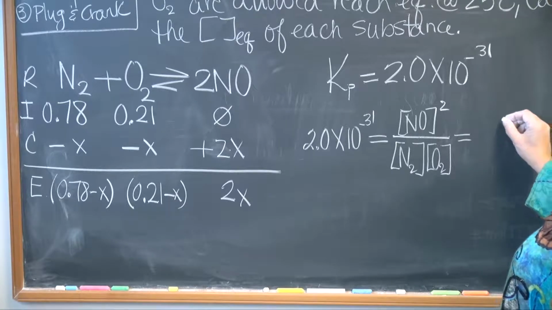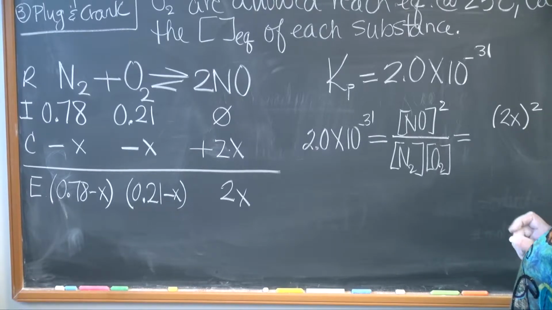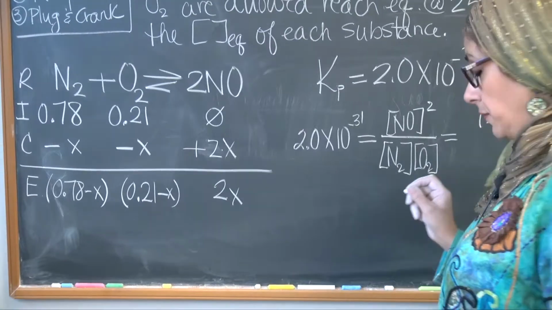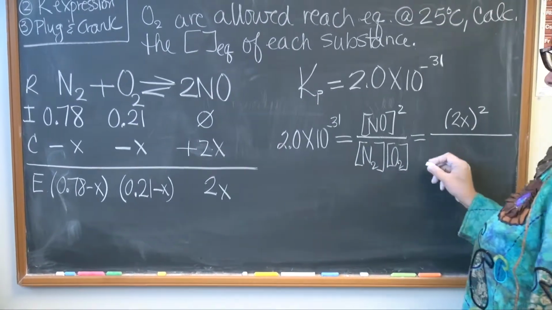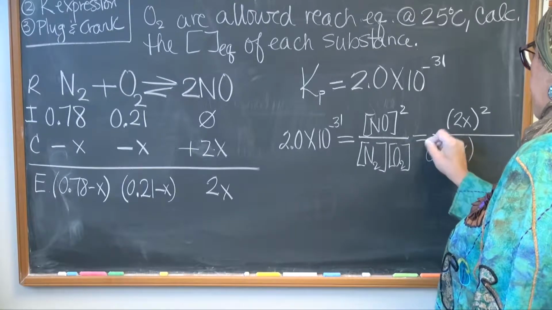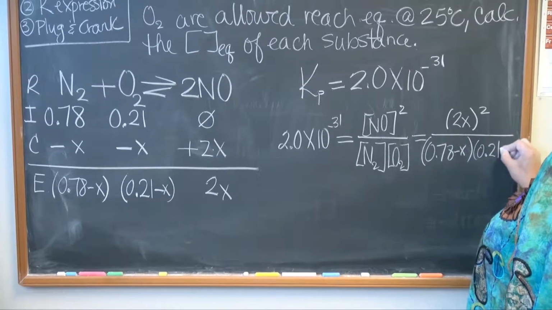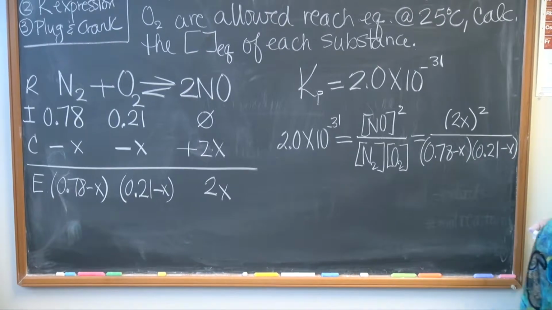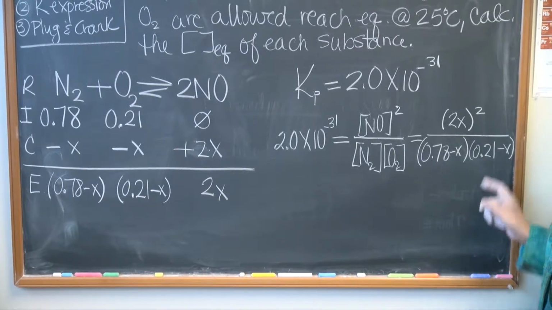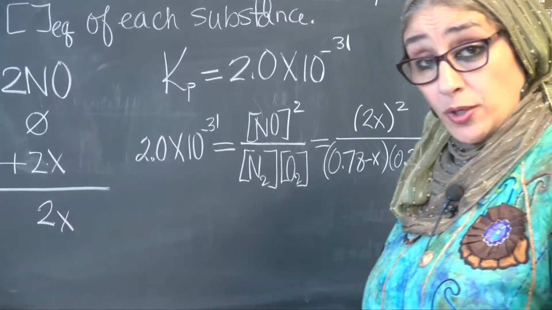So our concentration of NO is 2x, and that is squared. Keep in mind it's all of it squared. Don't just square the x. Be careful with that. Then we have 0.78 minus x and 0.21 minus x for nitrogen and oxygen respectively, and all of this is equal to 2.0 times 10 to the negative 31.